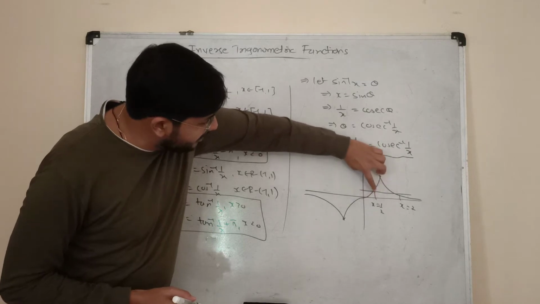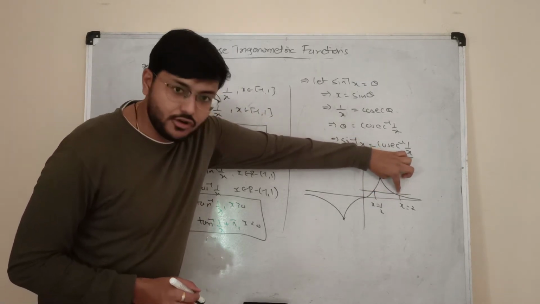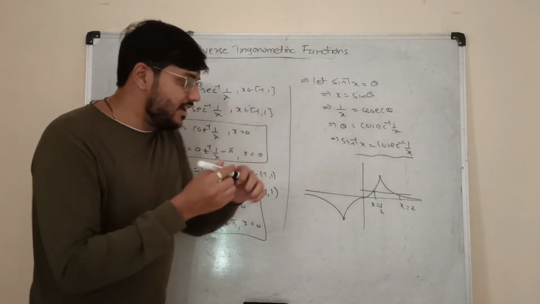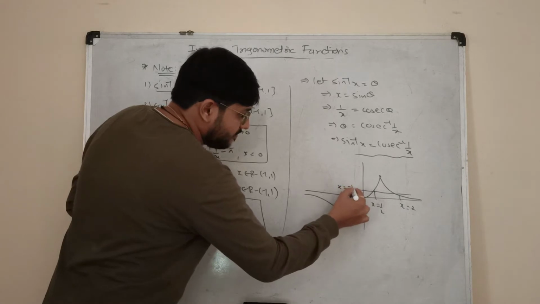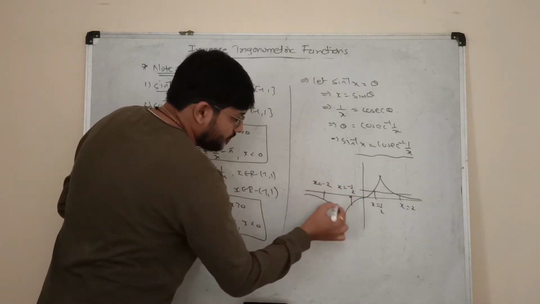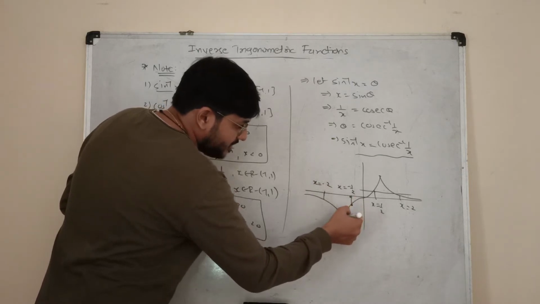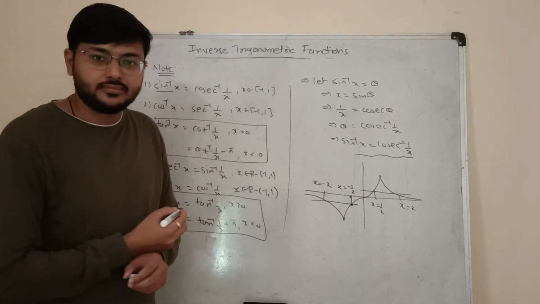The value x equals half will be on the graph of sine inverse x, and x equals 2 will be on the graph of cosec inverse x. The similar thing you can get on the negative side also: if I put x as minus 1 by 2 and its reciprocal value as x equals minus 2, this value will be on the sine inverse graph and this value on the cosec inverse graph.